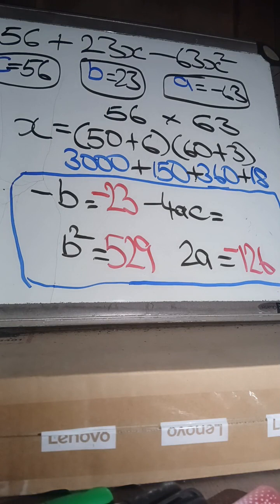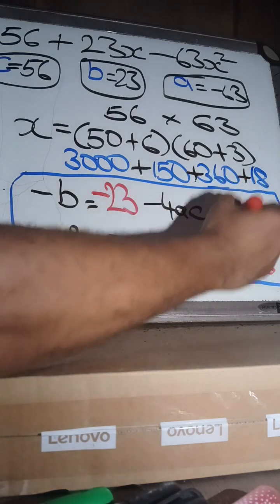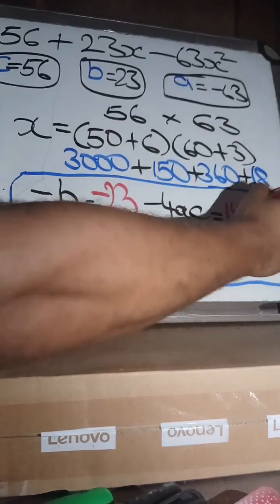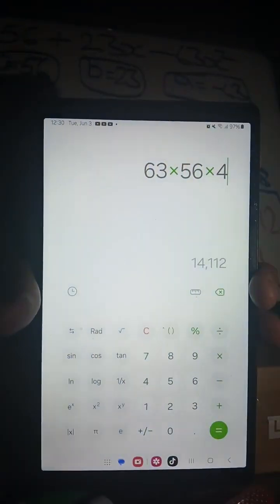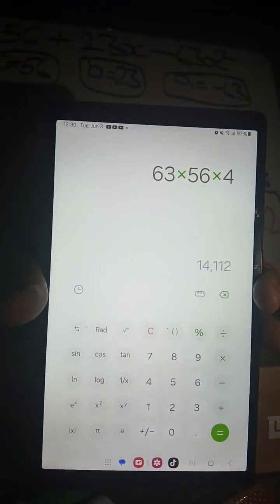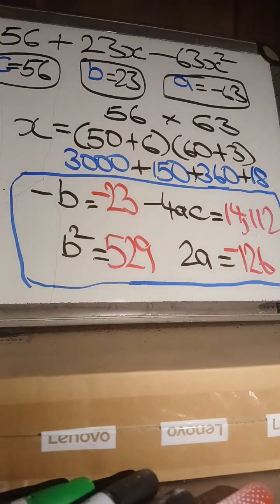Even though I write it down, I double check it. So now let's multiply 63 by 56 by 4. Yep. We end up with that very same answer.